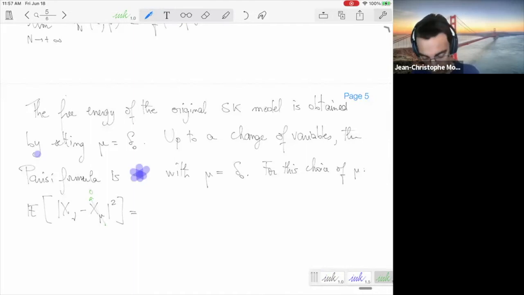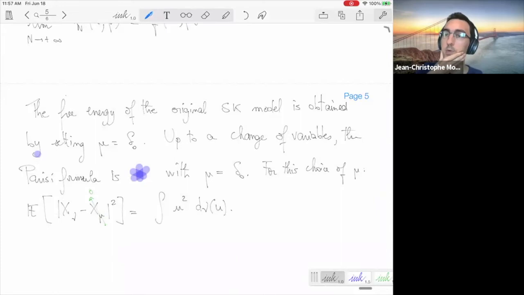So I could also write it as the integral of u squared d nu of u. Okay, and so we have some integral against nu, and we have to do some change of variable maybe, but at least it starts to look a little bit more familiar to the way the Parisi formula is actually written.